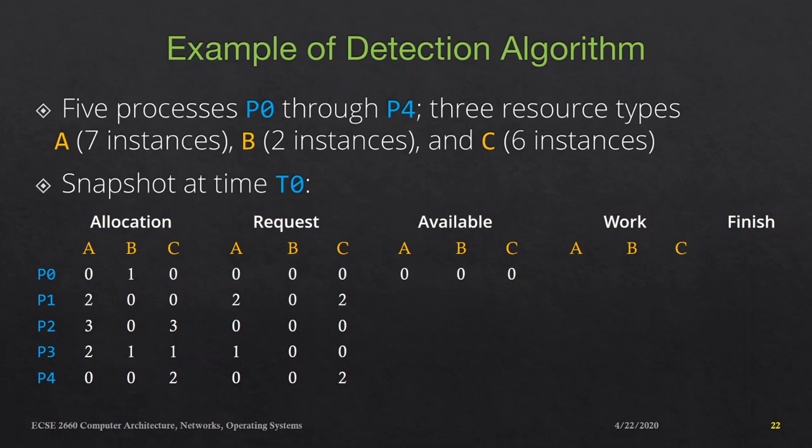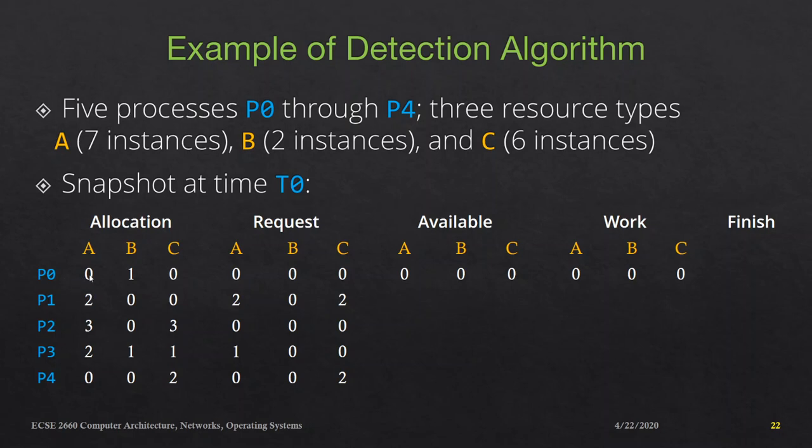So the first thing that step 1 was what? Step 1 is work is available. So right now we don't have any instances of any resource type. Let's see if we can initialize finish. To do that, we have to check the allocation matrix. Is any allocation equal to 0?